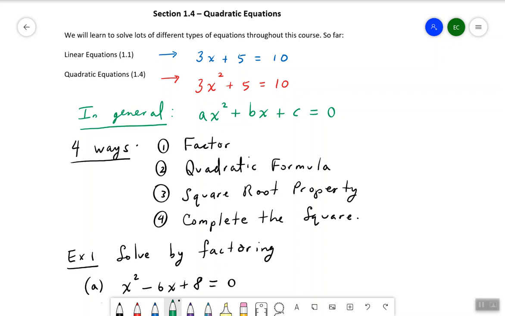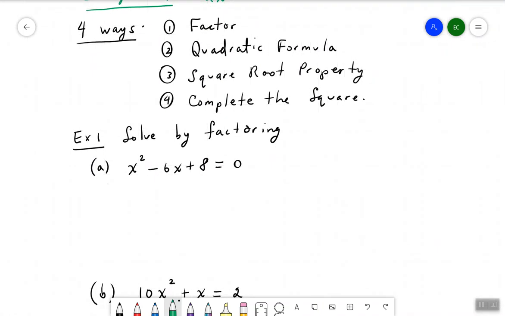We'll see that as we go on through the section. The point I want to make is we did not need a non-real complex number to solve a linear equation, but we do now to solve some of the quadratic equations.